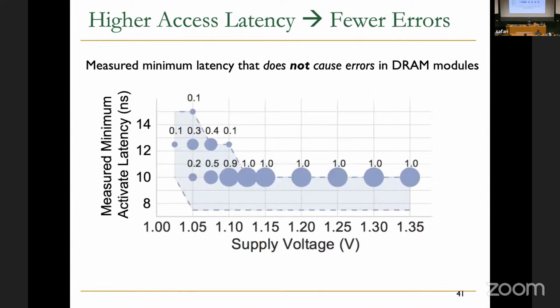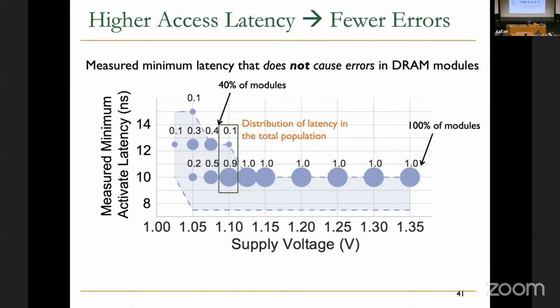And here's a bubble plot that shows the population of the DRAM rows. So 1.0 means 100% of the rows do not experience any bit flips. They reliably work, basically. And if you look at 0.4, for example, it's like 40% of the modules can work at that point.